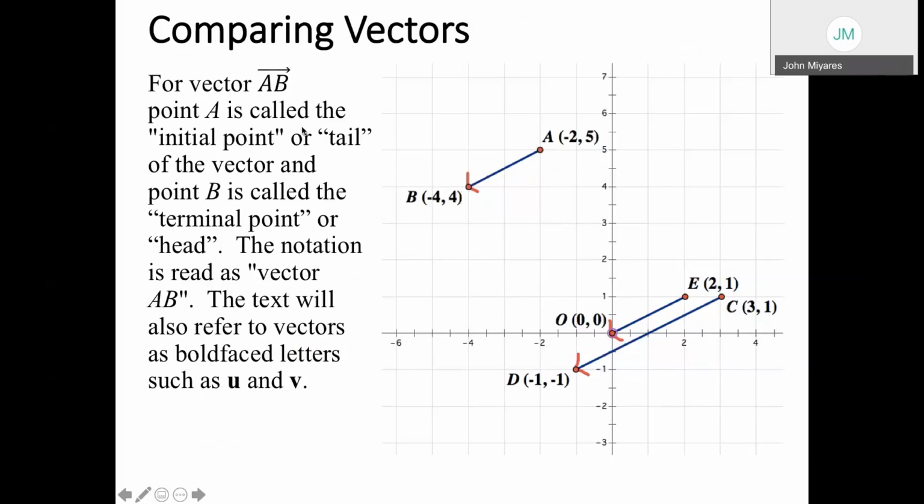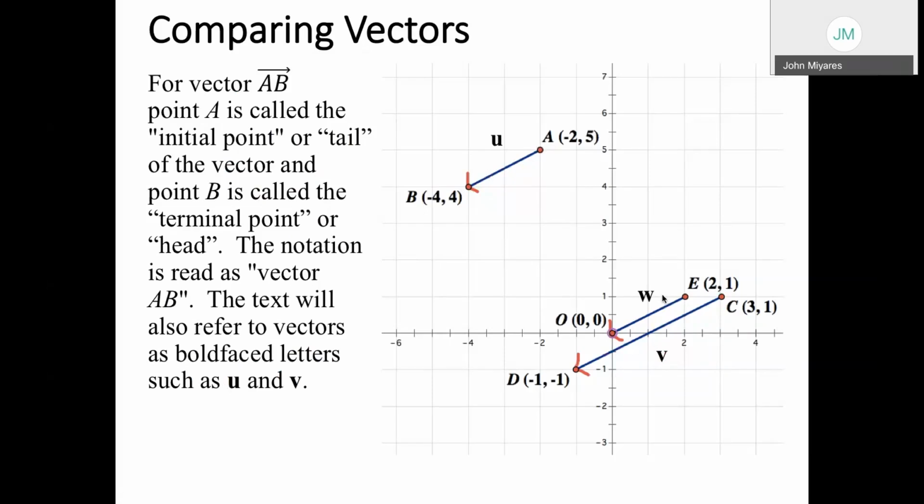This notation with the A and the B and the arrow on top is read as vector AB, although the text will refer to vectors also with these bold-faced letters such as a U or a V. So for example, we could mark vector AB with a bold-faced U. We could also mark vector CD with a bold-faced V and vector EO with a bold-faced W.